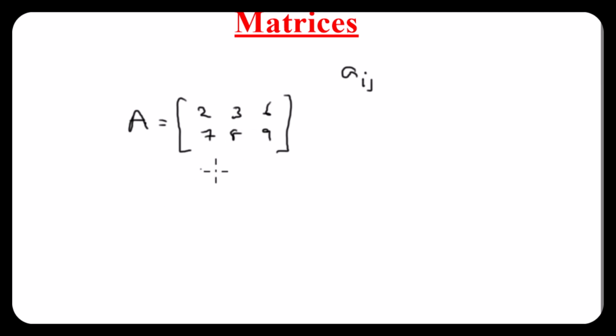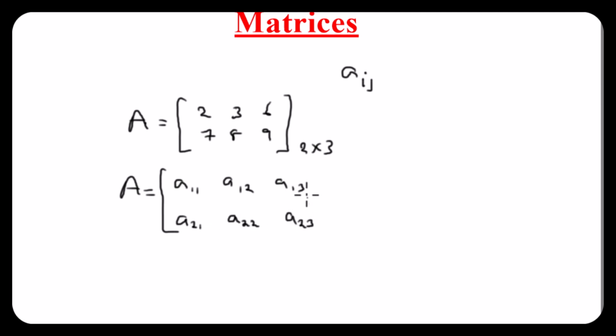So if I were to write this matrix A in its unique identifier mode, since it is a 2 by 3 kind of matrix, my matrix will have unique identifiers like this: A11, A12, A13, A21, A22, and A23.